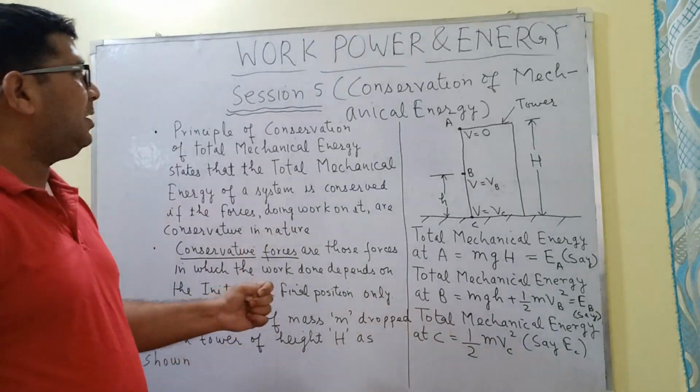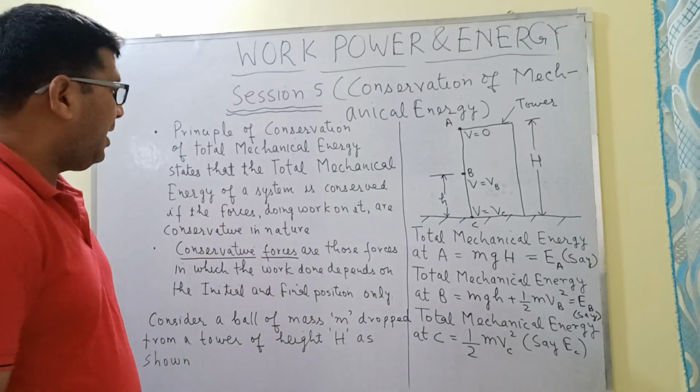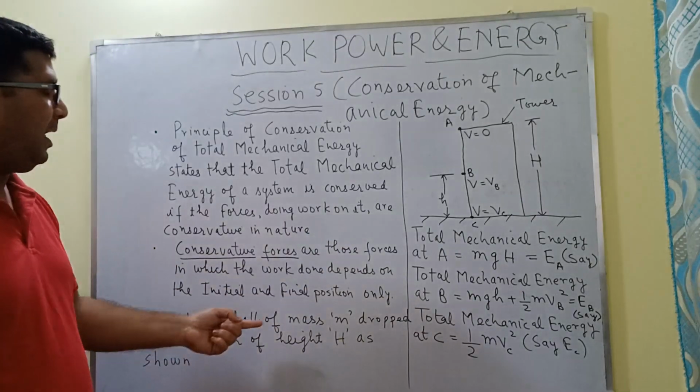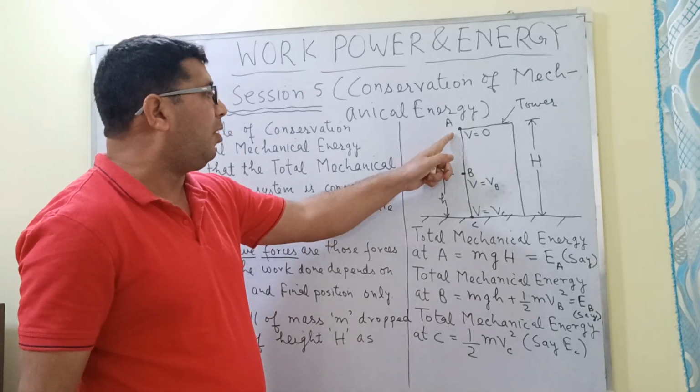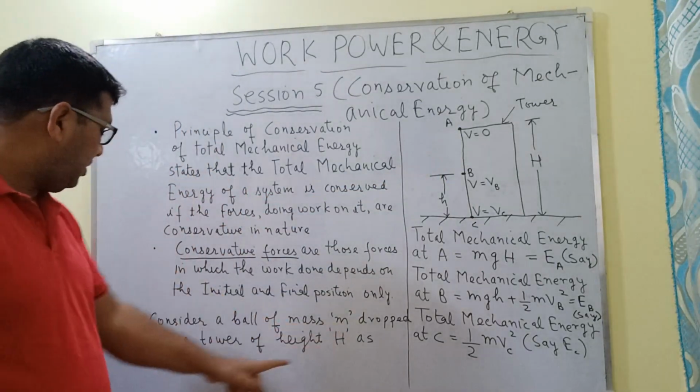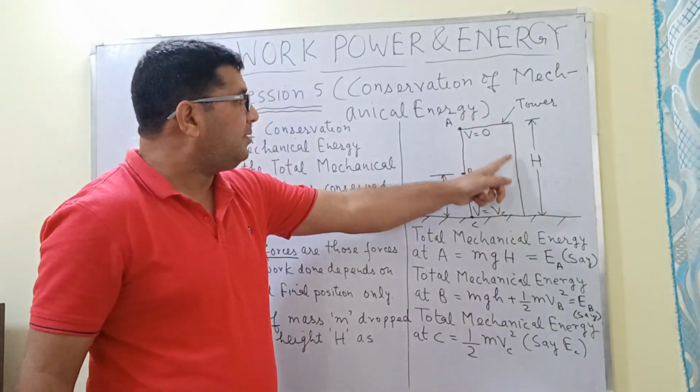Now, in order to make this discussion more understandable, I have considered here an example in which I am dropping a ball of mass m from a tower of height h. This is a tower.